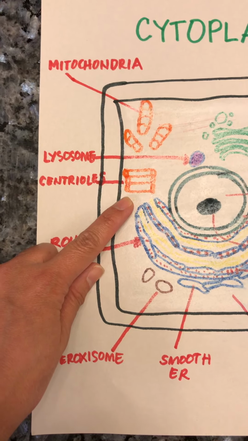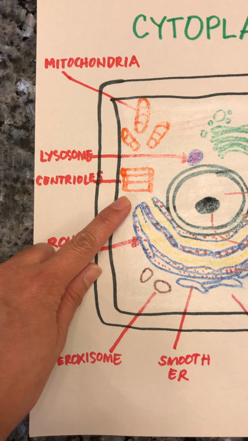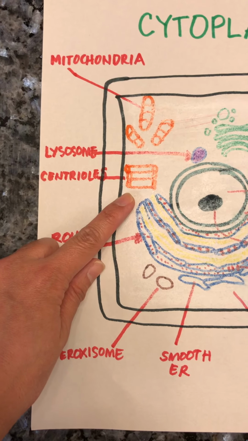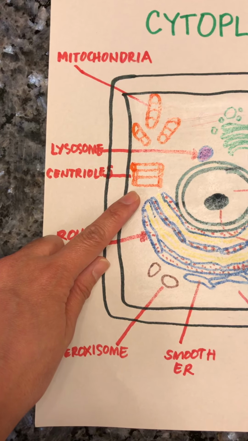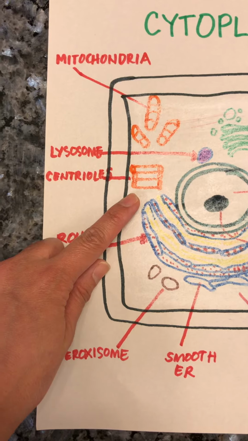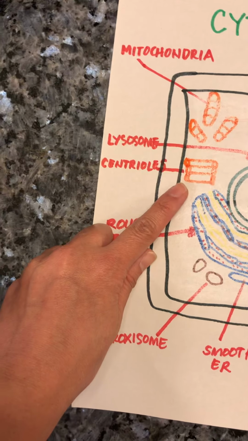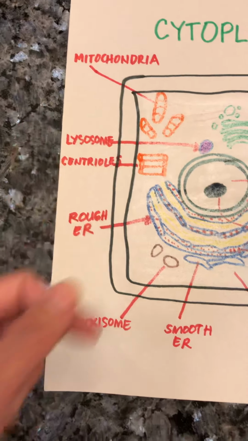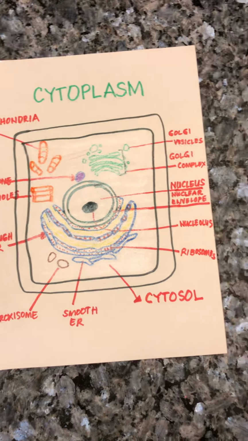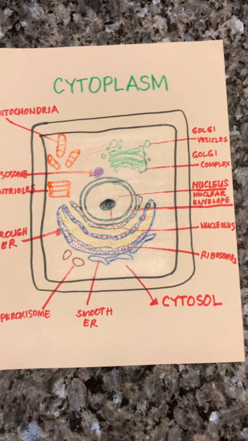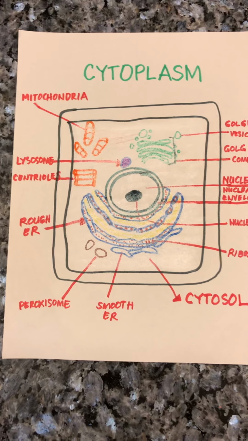Centrioles are paired organelles that are arranged in perpendicular fashion. Each centriole contains numerous microtubules. Microtubules are proteins that function during cell division. So that is the cytoplasm and the organelles. And that ends my presentation about the cell.